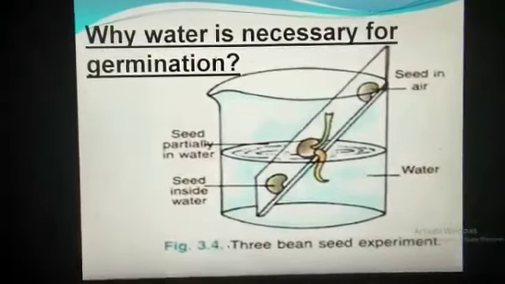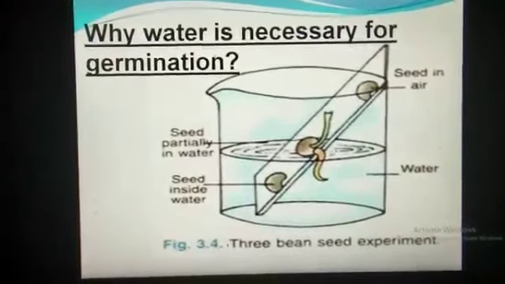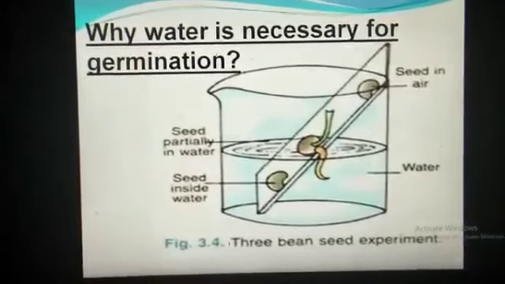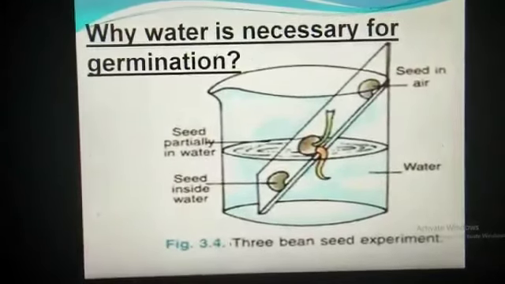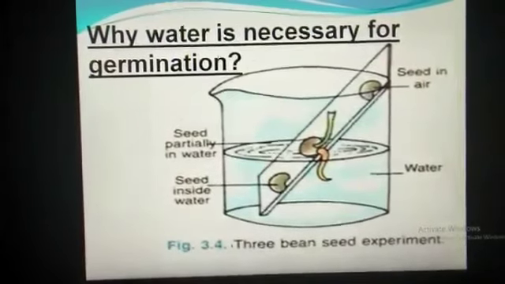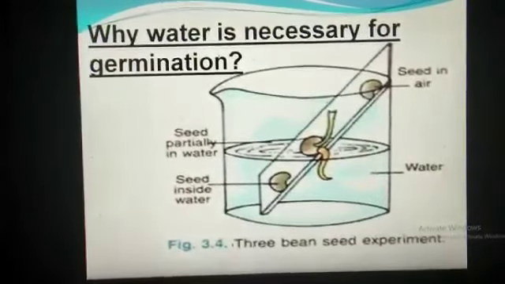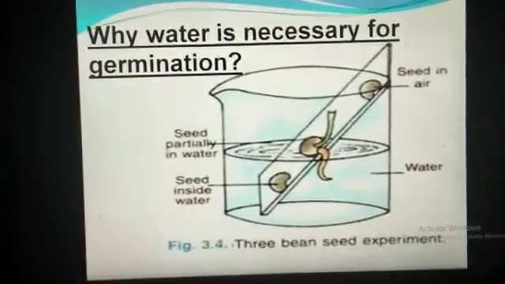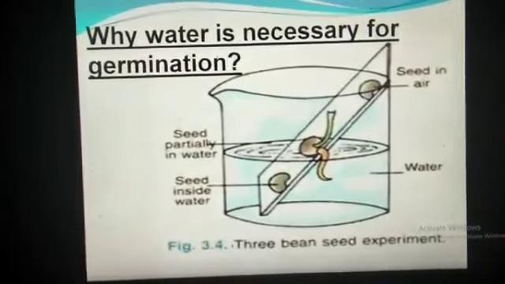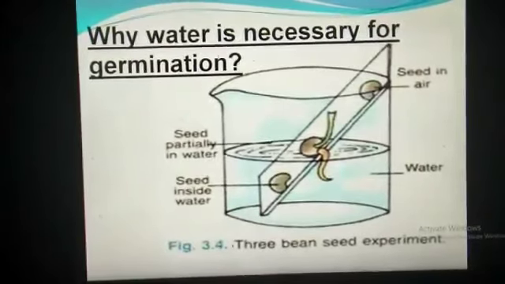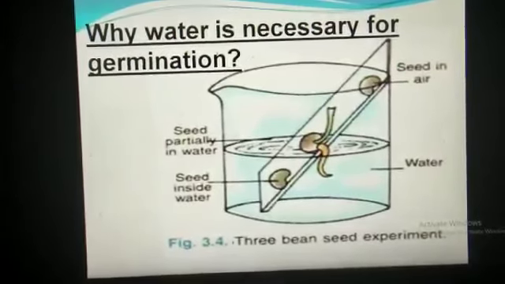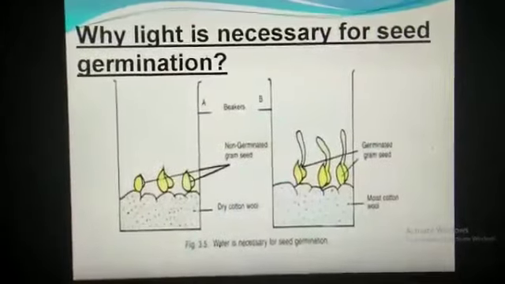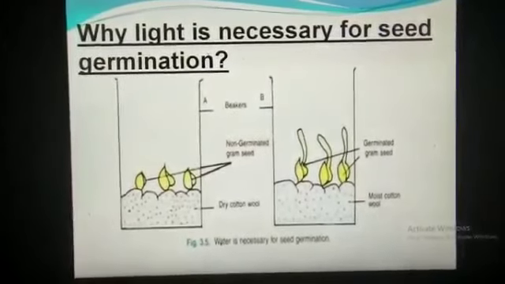After a few days we observed that germination has taken place in the middle seed. Why? Because this seed gets all three parameters required for germination: air, water and temperature.